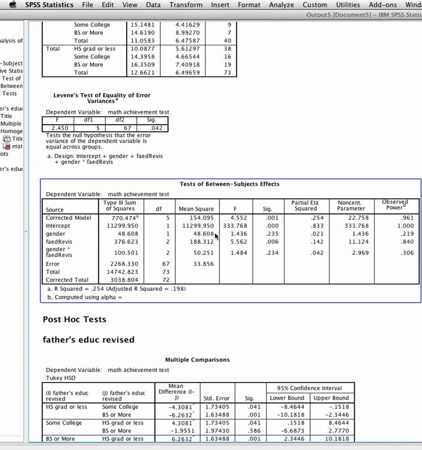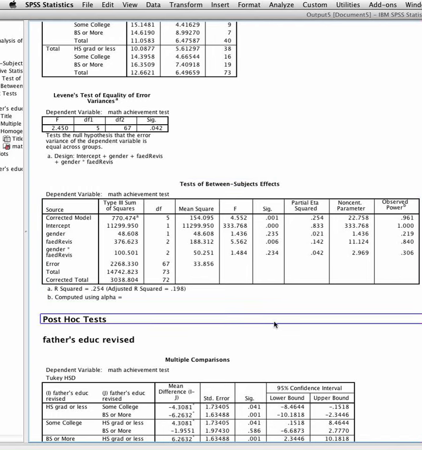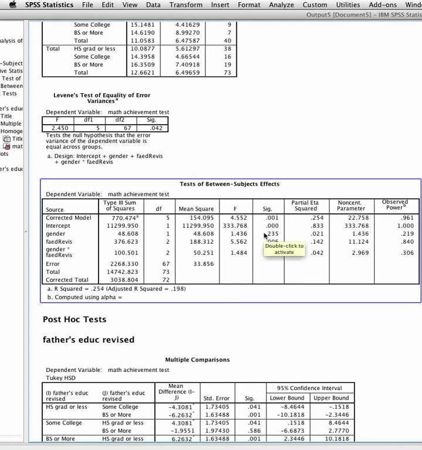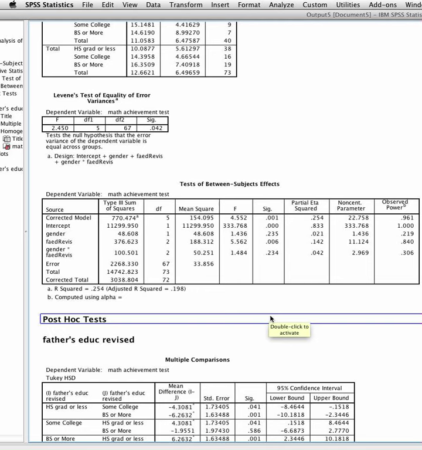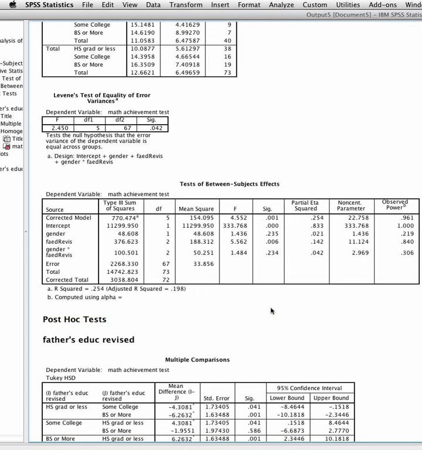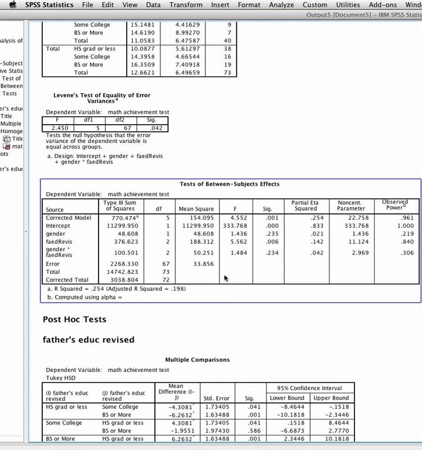So for gender, if we look across here, we can see that this result is not significant because this probability is way above 0.05. So we can say that males and females do not differ significantly on mean math achievement scores. Fathers' education levels, on the other hand, do.